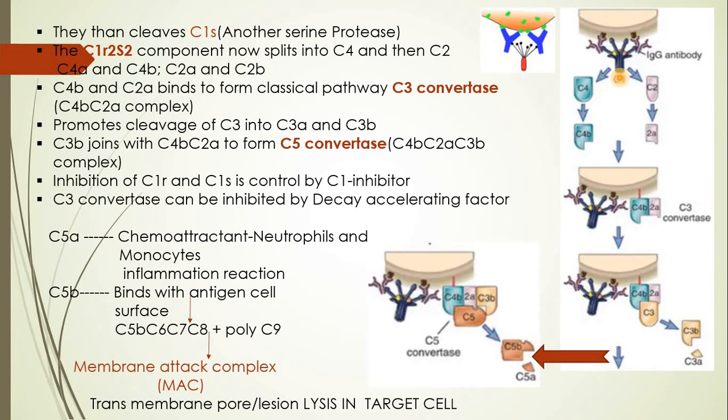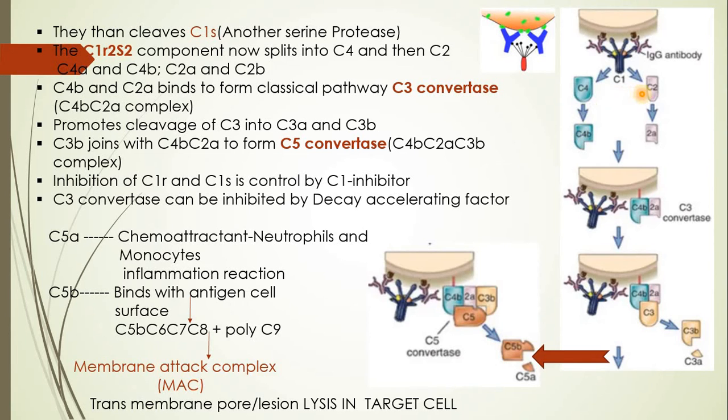Now C1q will activate the s2 and bring about splitting of C4 and C2. So C4 will cleave into C4A and C4B. C4A is the smaller component, C4B is the larger component. So the smaller component will be released free.